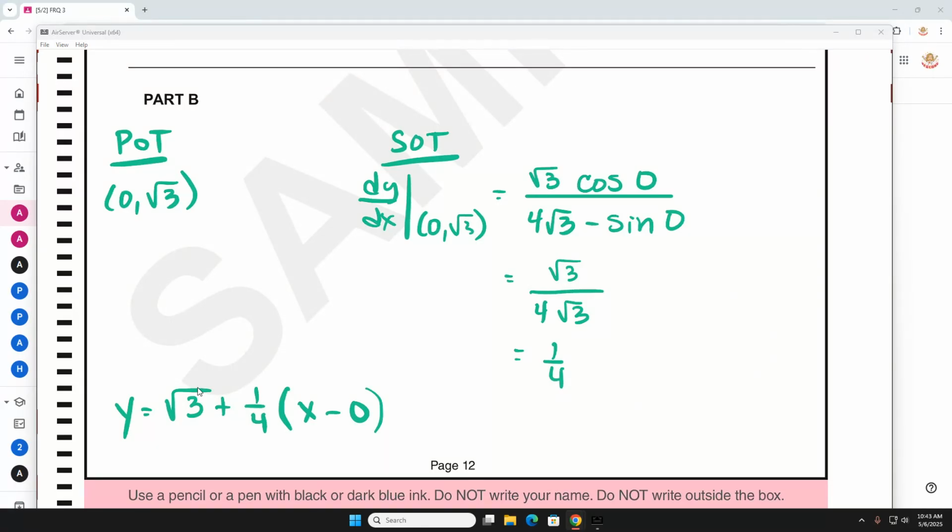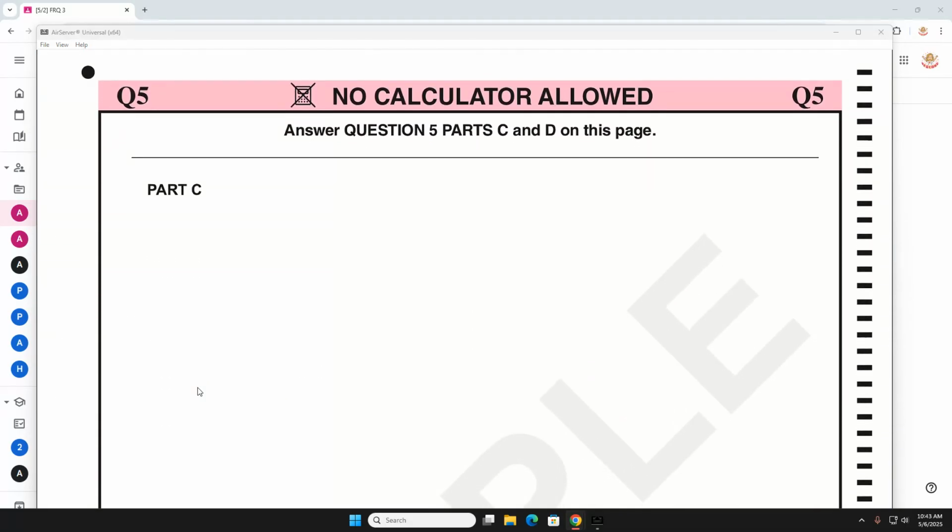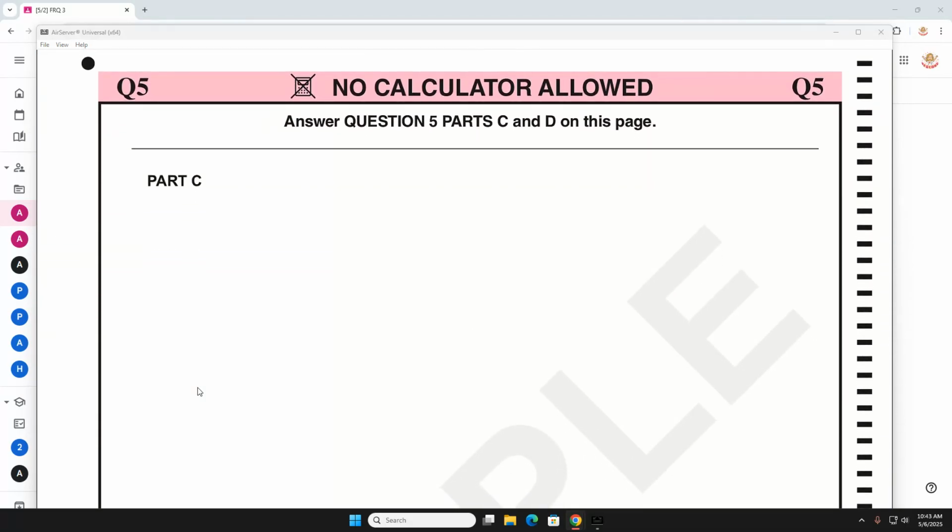Okay, so then for C. On these questions, as you go, they start getting a little more challenging. So C and D are typically more difficult. So for C, we know that x is going to be between 0 and pi, and y is greater than 0. We want to find the coordinates of the point where the tangent line to the curve is horizontal. So what do we know about the slope when there is a horizontal tangent line? It is 0.